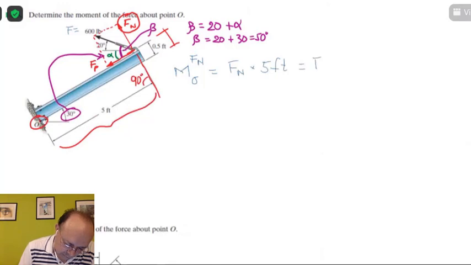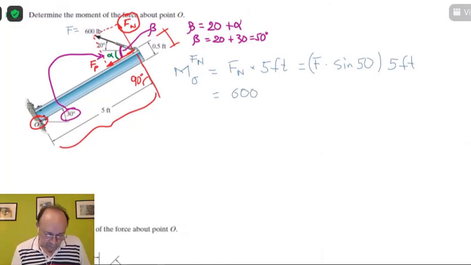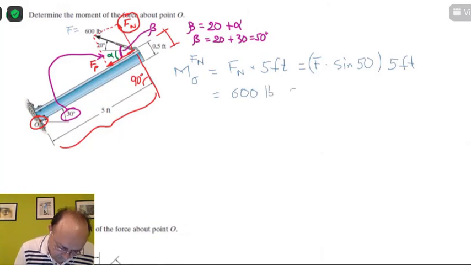Force normal will be equal to force times sine of 50 degrees times 5 feet. So the force is 600 pounds times sine 50 times 5 feet.